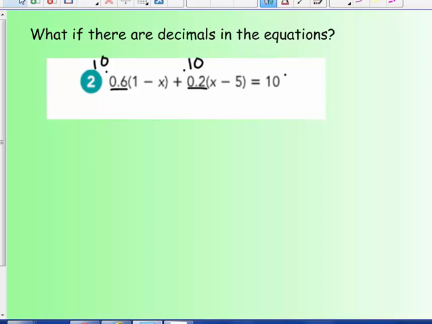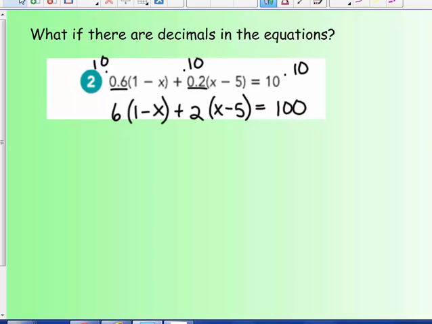Ooh, don't forget over here on the right member, times 10. 6/10 times 10 makes it the whole number 6. I'm still going to have to distribute. 2/10 times 10 makes it the whole number 2. See? No more rationals. I have whole numbers. And 10 times 10 on the right member gives me 100.